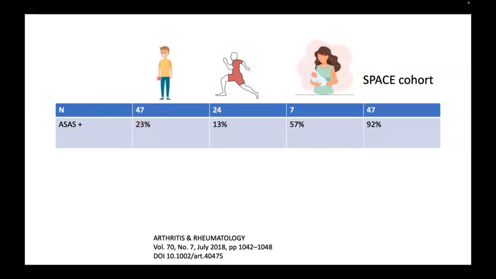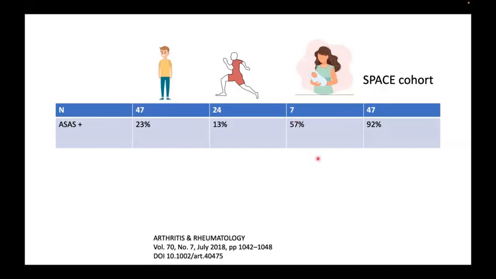And they found 23% of healthy patients fit the ASAS criteria for sacroiliitis, 13 patients from 24 athletic healthy individuals, and 57% of postpartum women. So all these groups have significant edema which fulfills the criteria of ASAS, while they have no axial SpA features.